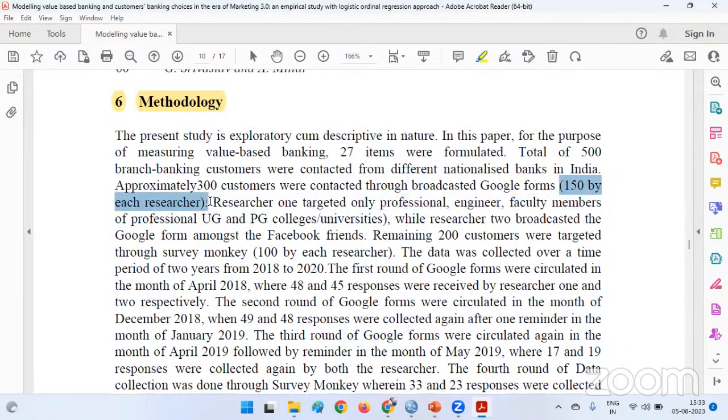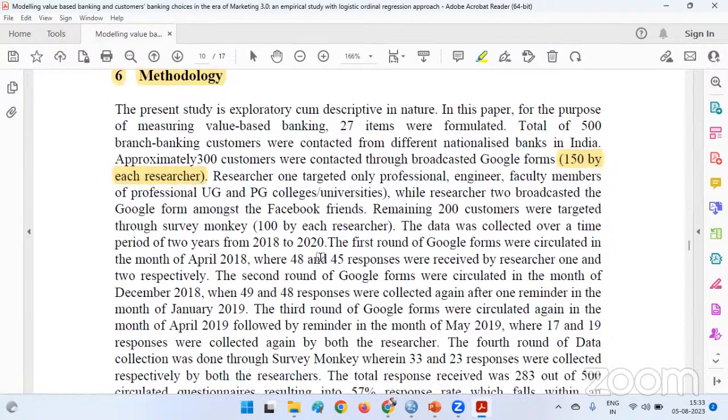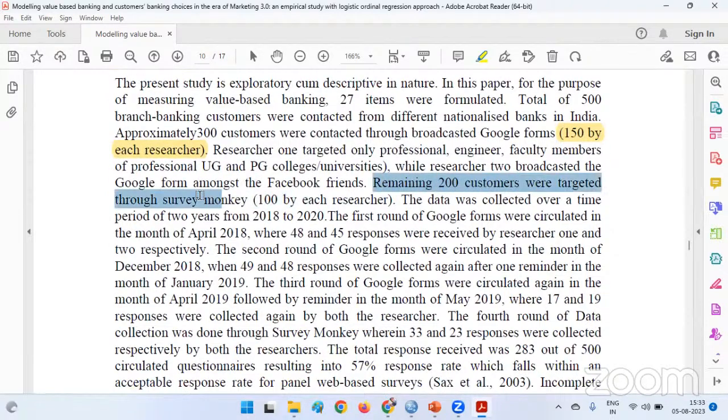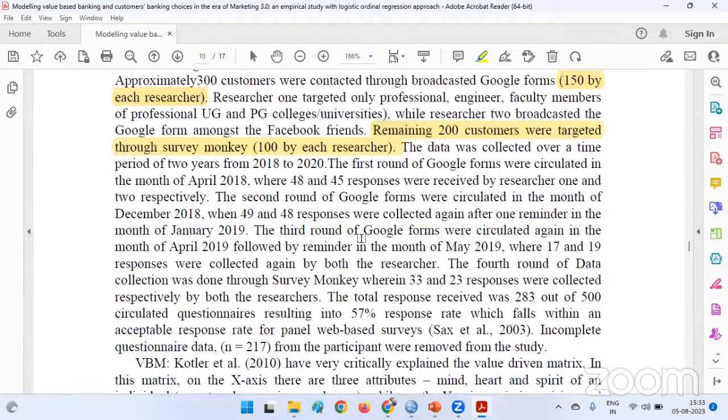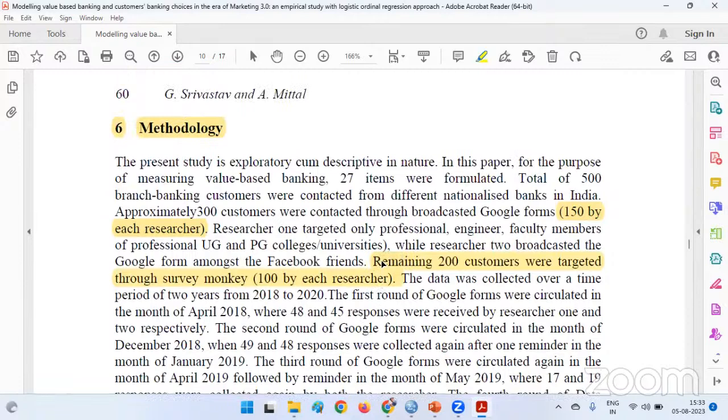This is also specified. There are two authors, 150 we did. The remaining 200 customers were targeted through Survey Monkey, 100 by each researcher. So if you write an elaborate methodology, the reviewer starts believing that you have done the work. Okay.